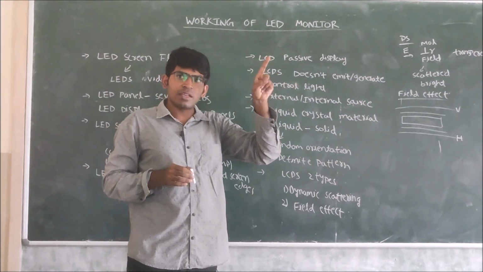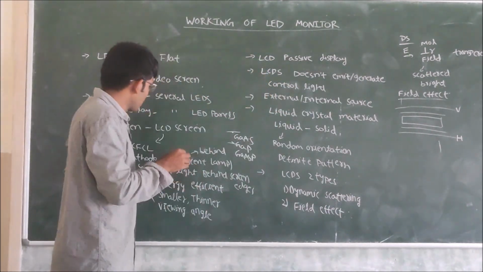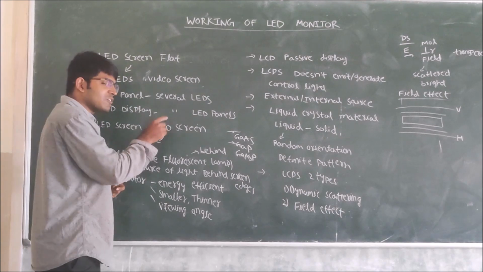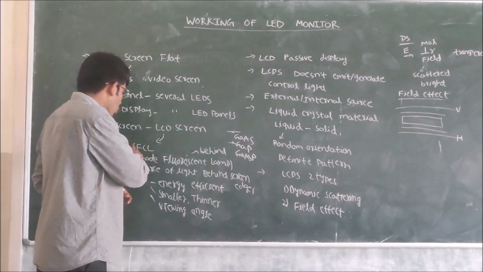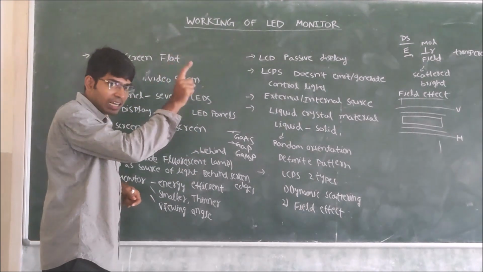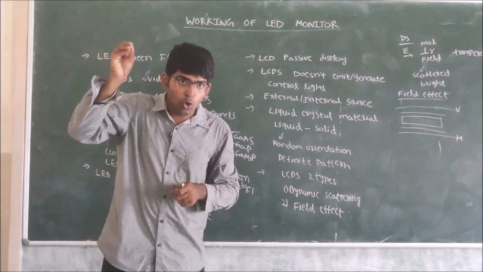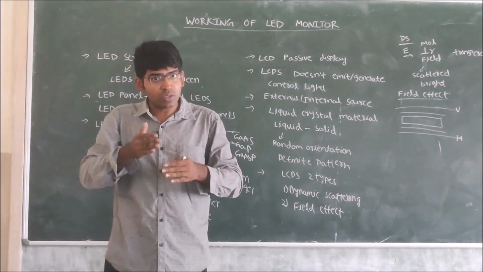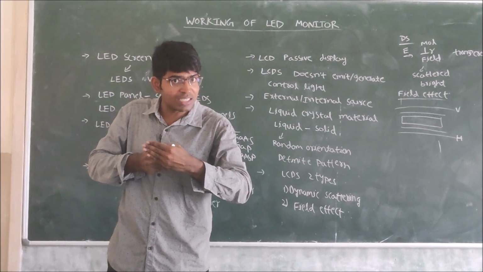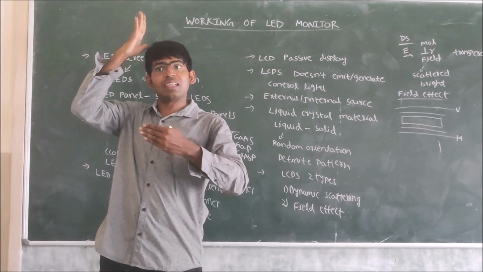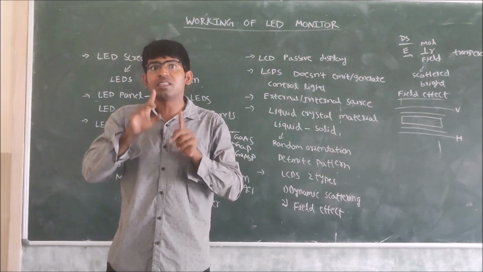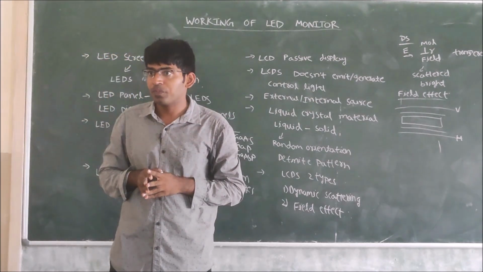Previously, in LCD monitors, we used CCFL bulbs, cold cathode fluorescent lamps. These cold cathode fluorescent lamps are on the back side of the LCD screen. They generate the light and that light we see on the LCD screen.